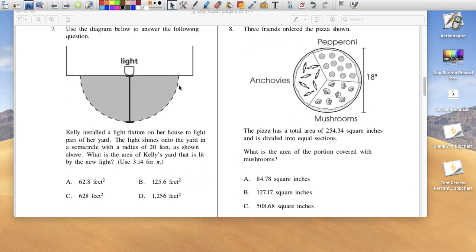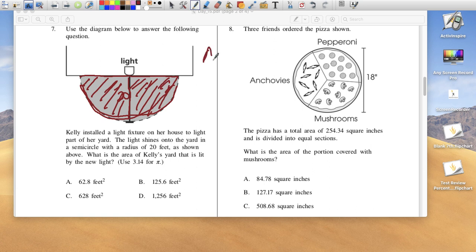Use the diagram below to answer the following. Someone installs this light, and the light shines on the yard. The area that the light is shining on is this part, all of this being shined, with a radius of 20 feet. So I know that from here to here is 20 feet. What's the area of the yard that's lit by the new light? So we want to find the area of a semicircle. This area is where the light's shining.